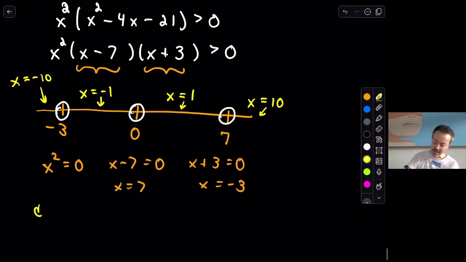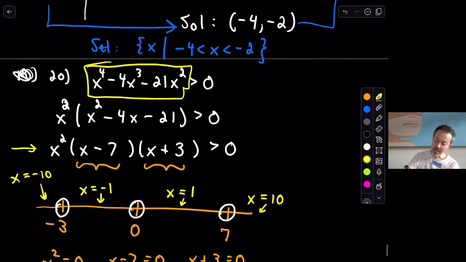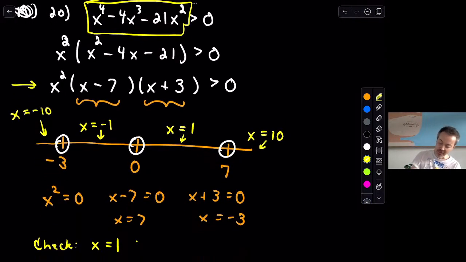So notice, for example, suppose I check the middle interval, or excuse me, that third interval. I'll check x equals 1 because it's easy. You could go anywhere. You could go where it's factored. You could go back to the original one. So if I go back to the original, I would have 1 to the 4th power minus 4 times 1 to the 3rd power minus 21 times 1 squared.